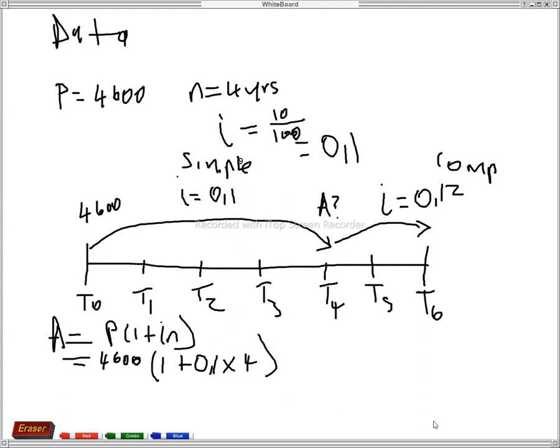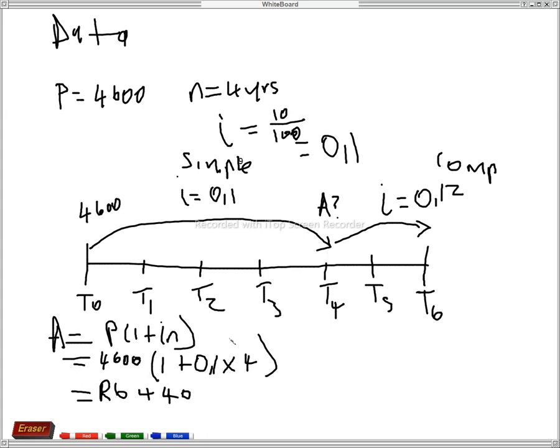Then you just punch your calculator, and we find our answer: 6,440 for the first 4 years.